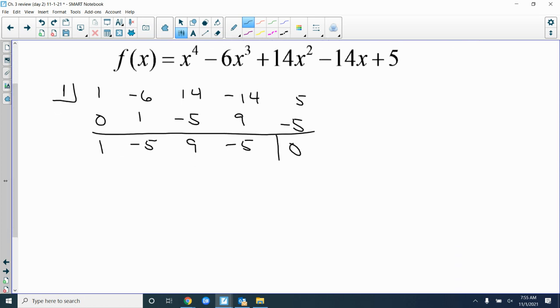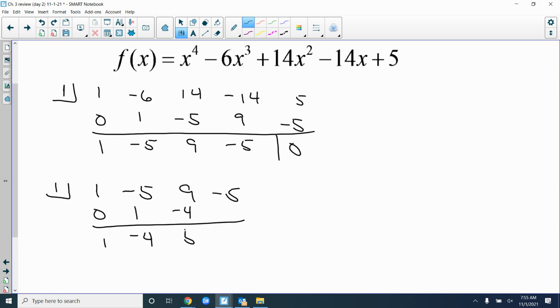And now we'll use 1 again. 1, -5, 9, -5. So 0, 1, -4, 5, and 0.